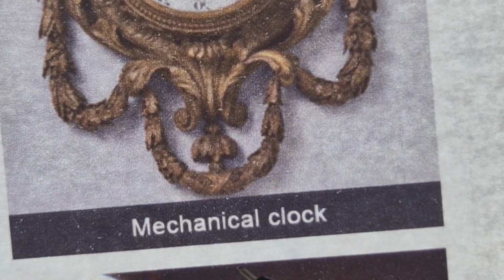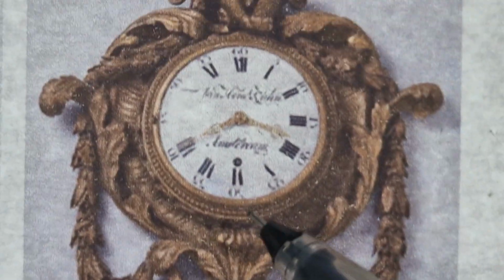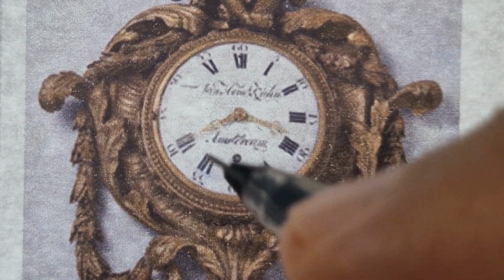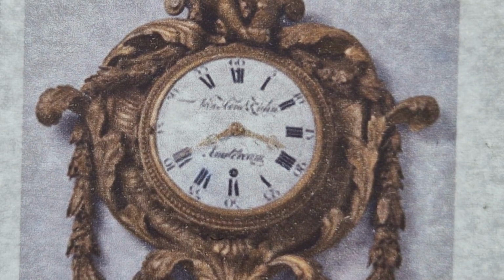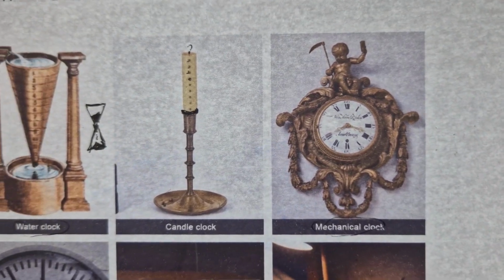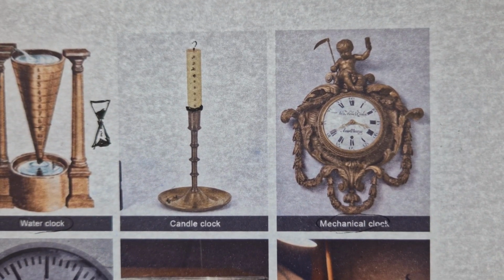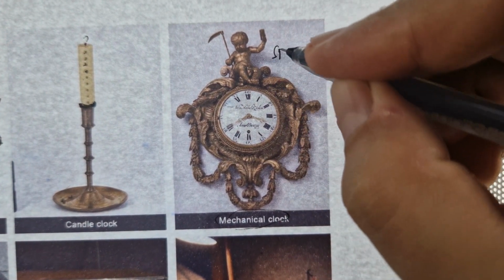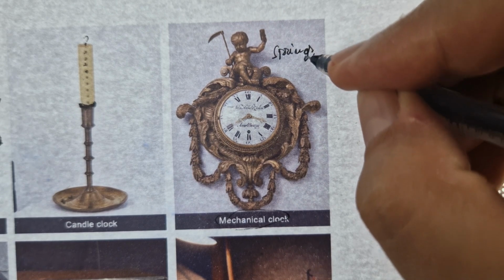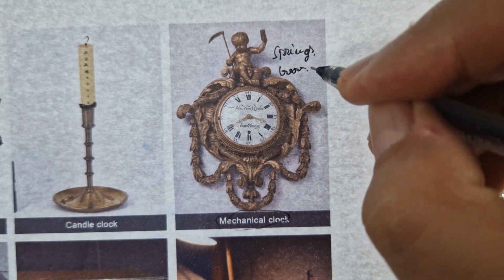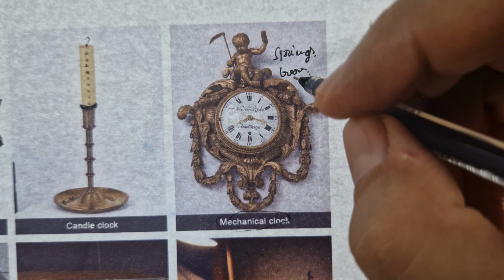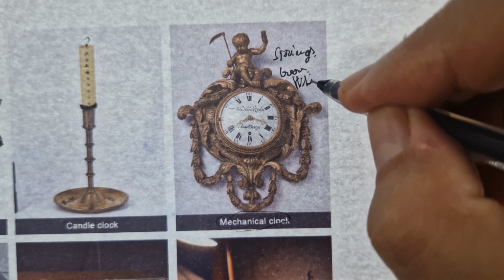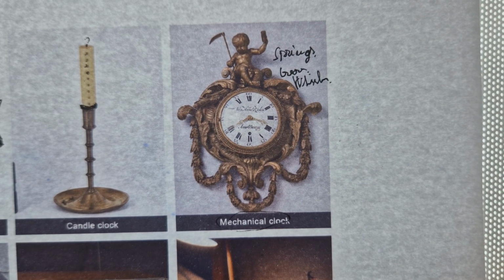Mechanical clocks use gears and springs and have a complicated mechanism of springs, gears, and of course wheels or geared wheels.